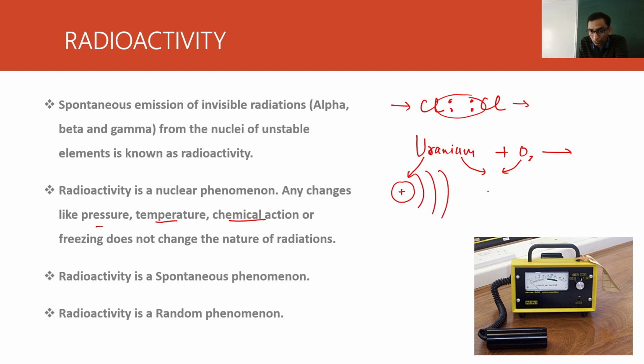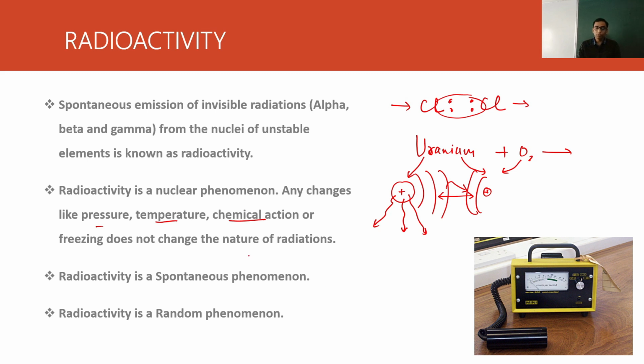So suppose this is the uranium nucleus, and this is the oxygen nucleus, then there is electron transfer or electron sharing between these two atoms. But the alpha, beta and gamma radiations come from within the nucleus, and during the chemical reaction, the nucleus remains unaffected. So it still remains radioactive. Got that? Fine. So even after the formation of uranium oxide, radioactivity still remains.